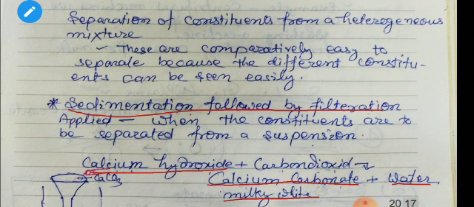The settling of the particles is called sedimentation, and as a result, a white residue of calcium carbonate is formed, and this can be separated from the solution by filtration. As a result, the white residue will be collected on the filter paper.